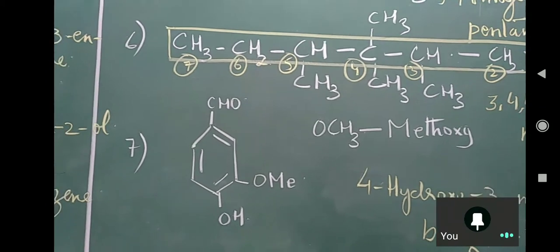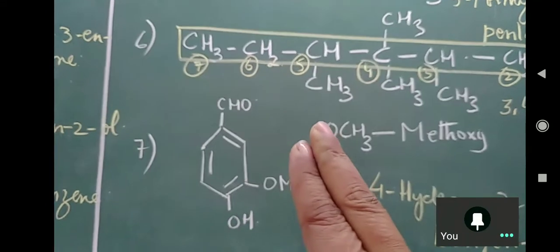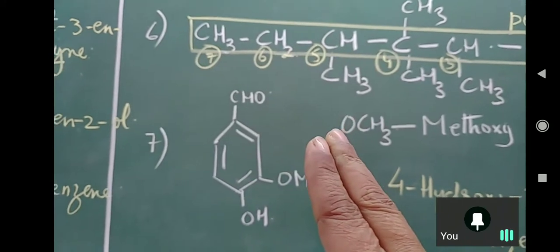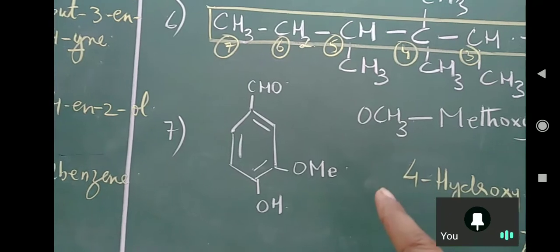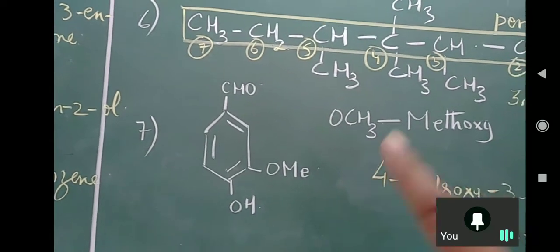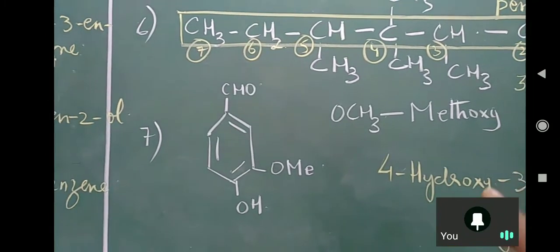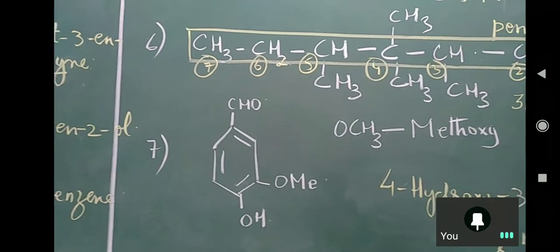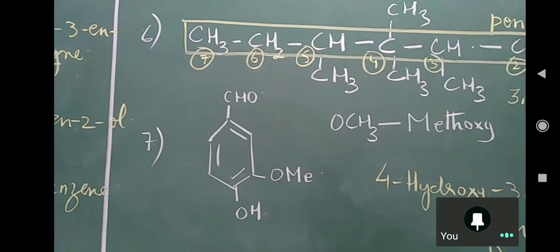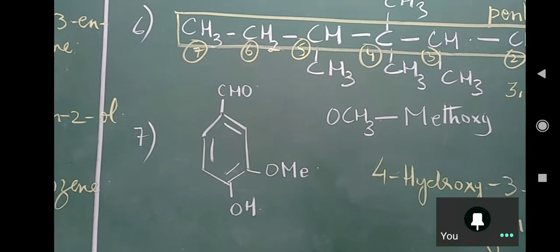See, if it is only CH3, then it is going to be methyl. If it is OCH3, methoxy. If it is OC2H5, then it will become ethoxy. Okay?